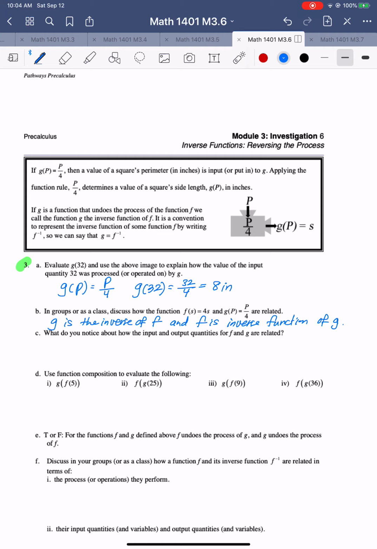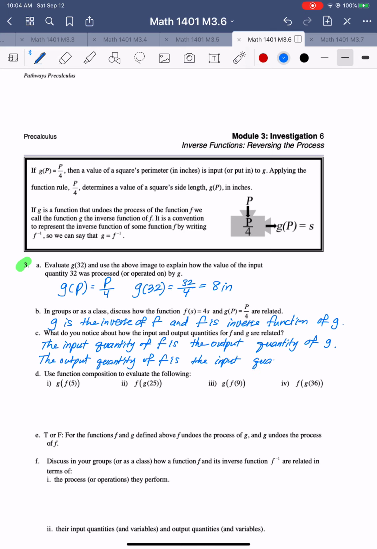So the input quantity of f becomes the output quantity of g, and the output quantity of f becomes the input quantity of g. So they switch around, right?